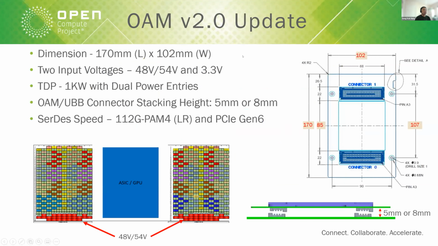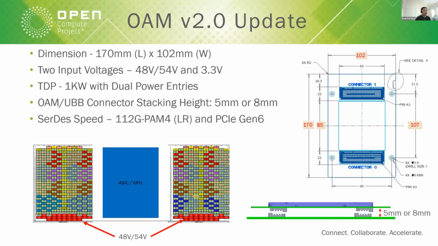So just to give you some update on the OAM 2.0. We have been working on this project since last year, and what we came up with is that the dimension for the 2.0 is going to be 170 by 102, which is an increase of 5 millimeters from the previous generation. The previous gen is 165.